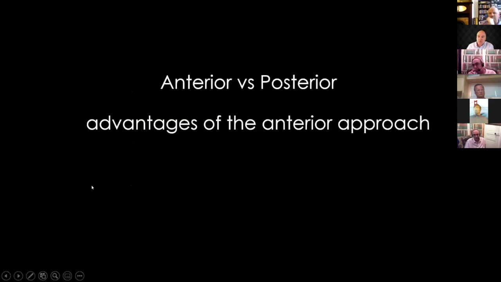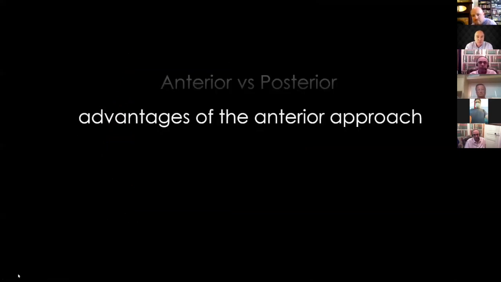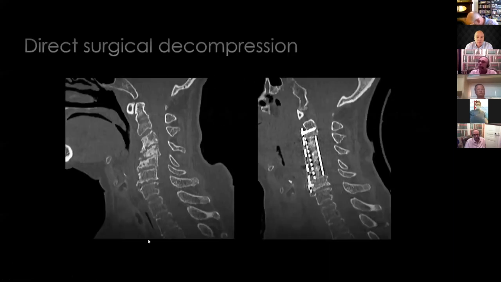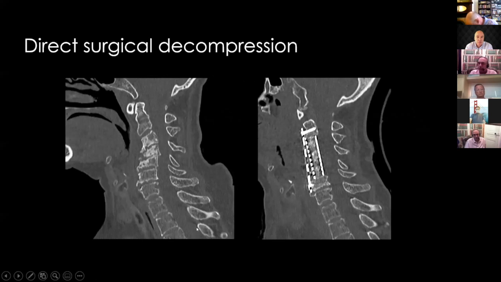So the anterior approach offers you direct surgical decompression, which means that you need to decompress in case you are not able to fully correct kyphosis. And remember that in kyphosis, compression is always from the front.